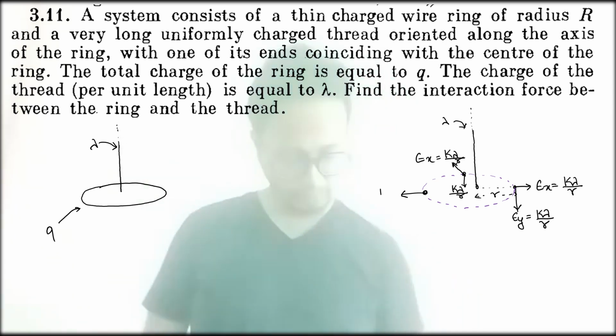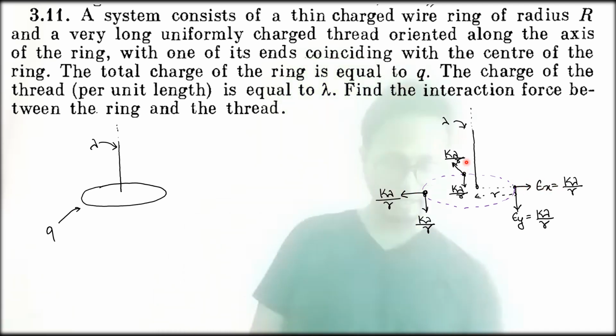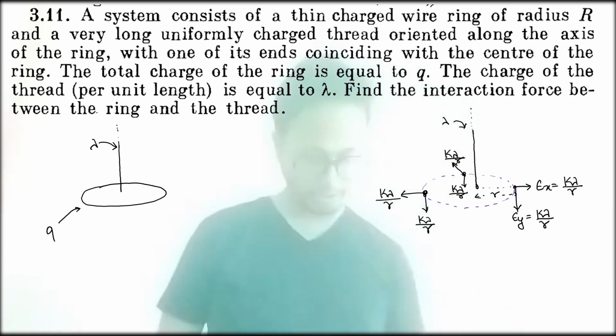So Ex would be K lambda by R, and Ey would also be K lambda by R. If you see throughout the ring, the x component of this portion will cancel out the x component of this portion, isn't it?